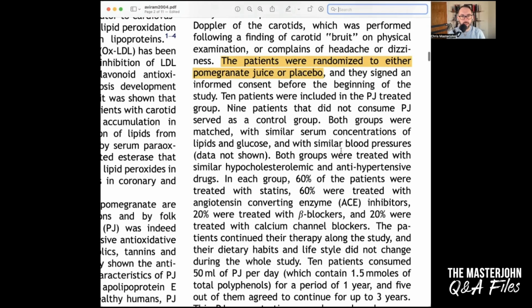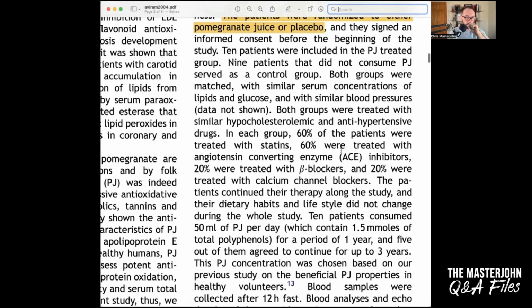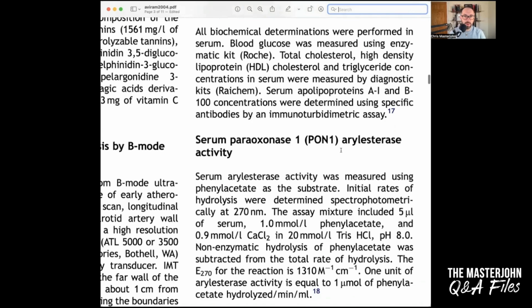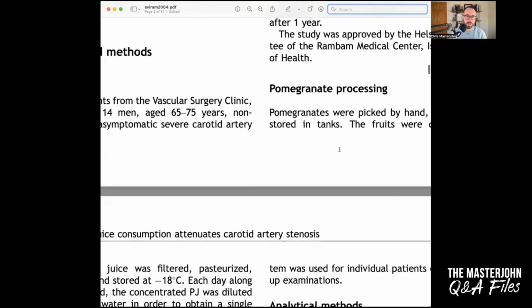So it's weird not to have an explanation of that. 10 patients got the pomegranate juice, 9 did not consume pomegranate juice and served as a control group. So the way they describe the results is sketchy.